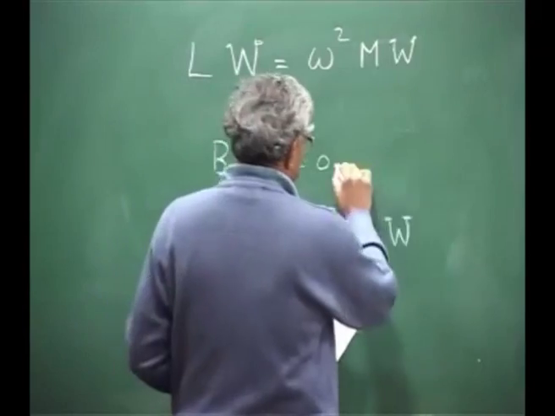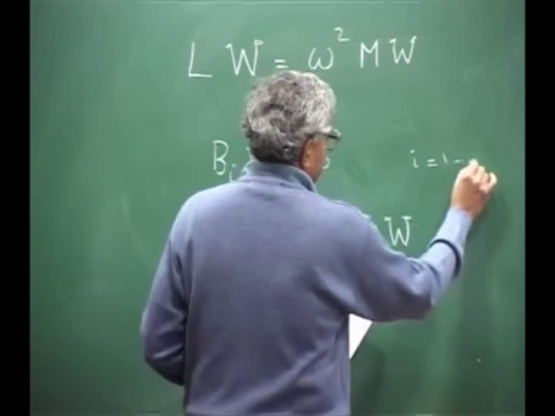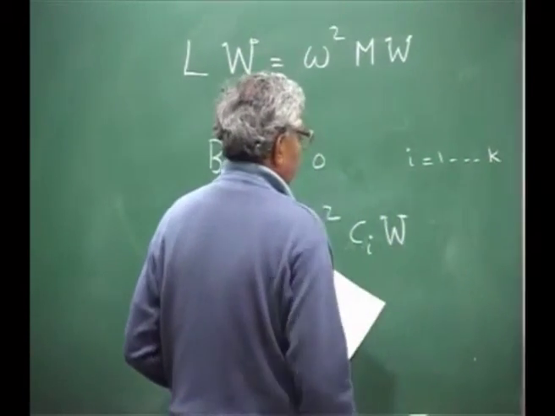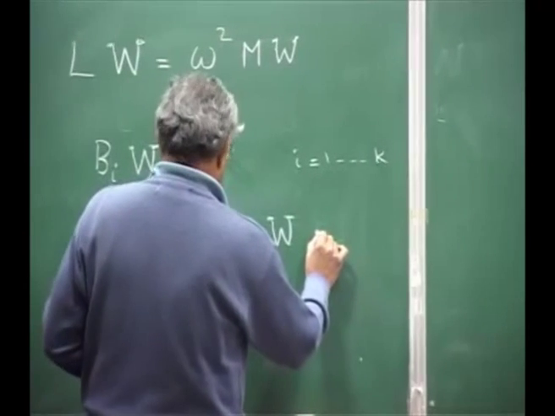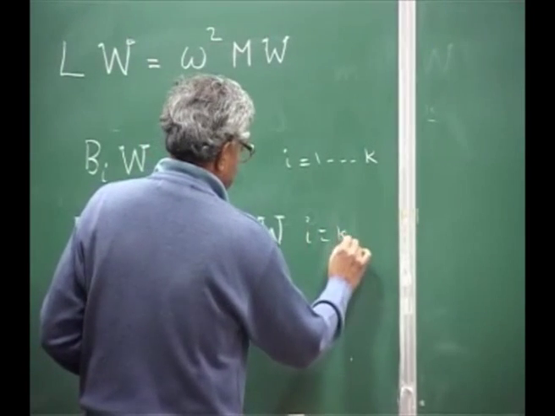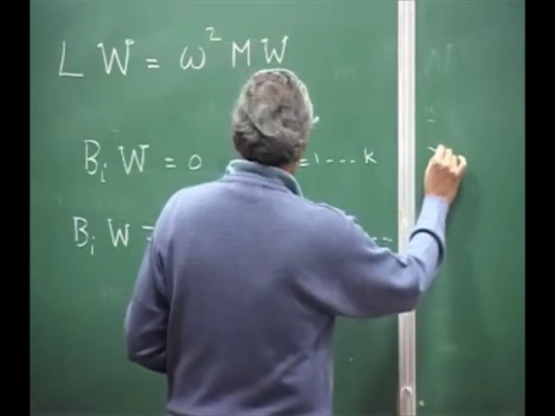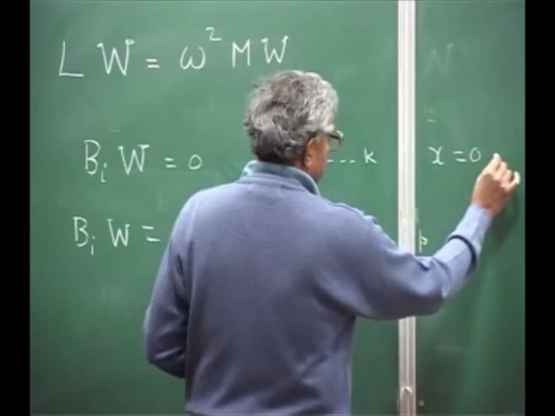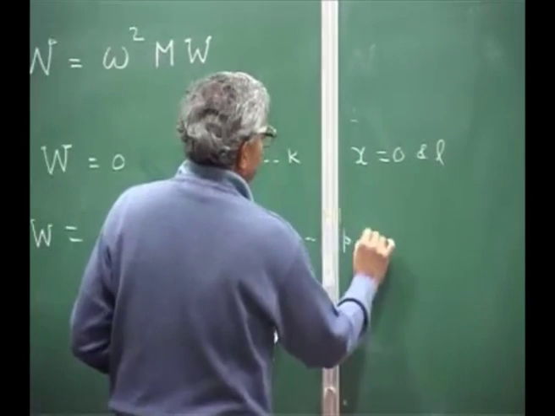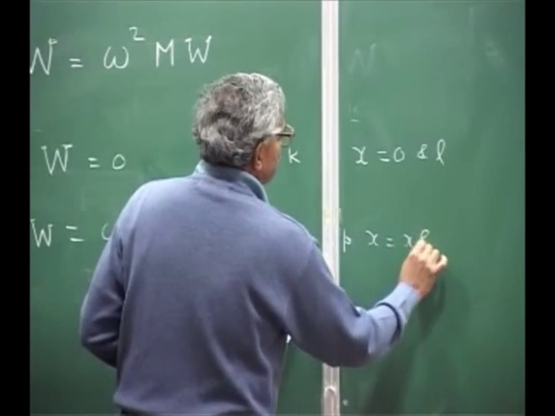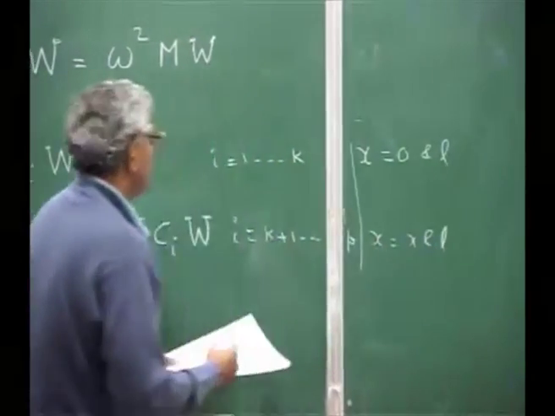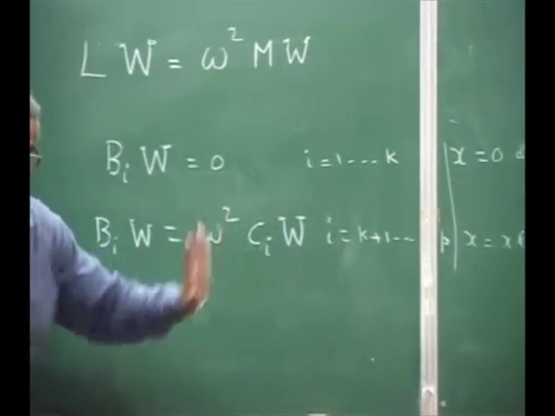Here i is running from 1 to k, and this i is running from k plus 1 to p, but you can say x is 0 and L, because you have to satisfy these boundary conditions.